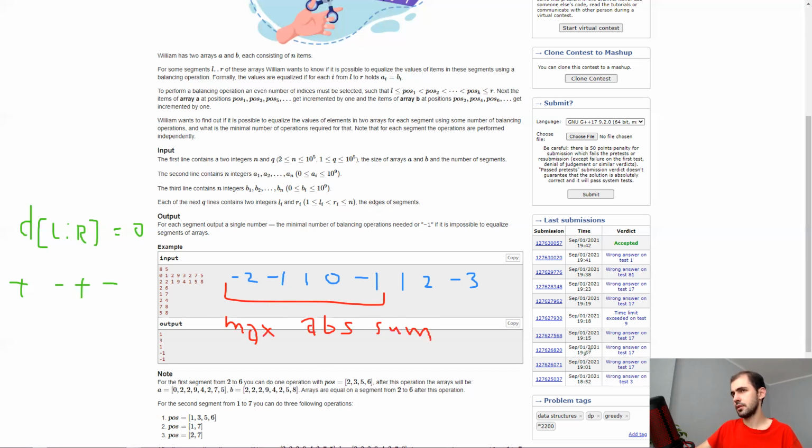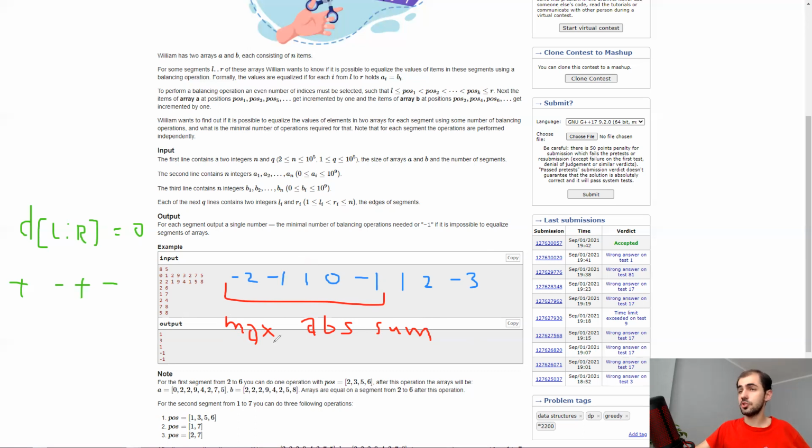Because you're surely going to need at least that many operations, since you need to perform that many different increments or decrements that you cannot chain together, because you already used all the other decrements that you could perform in this positive one.